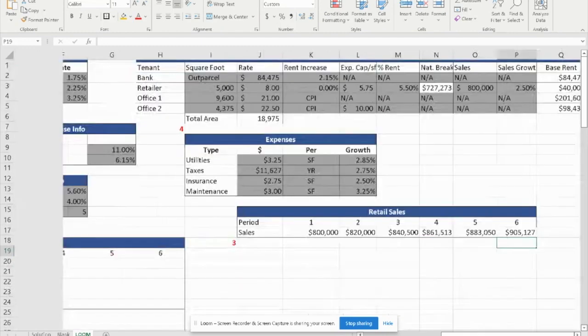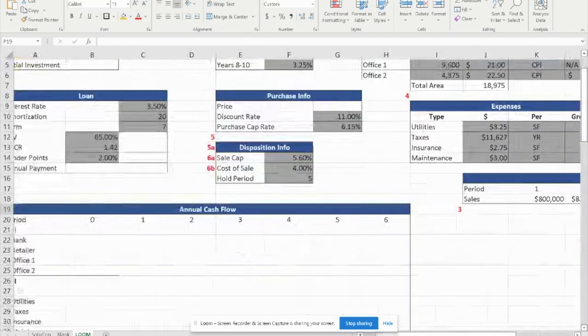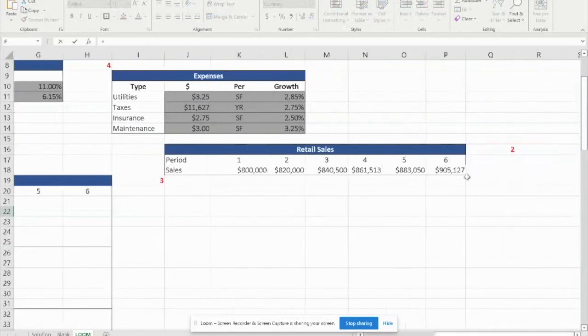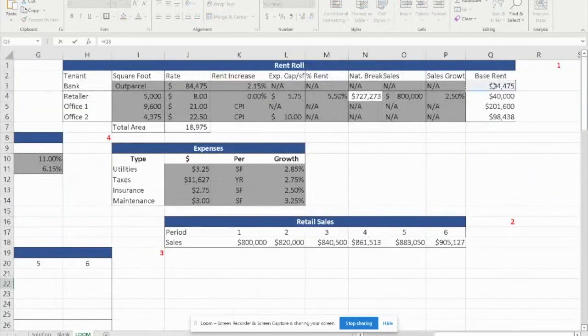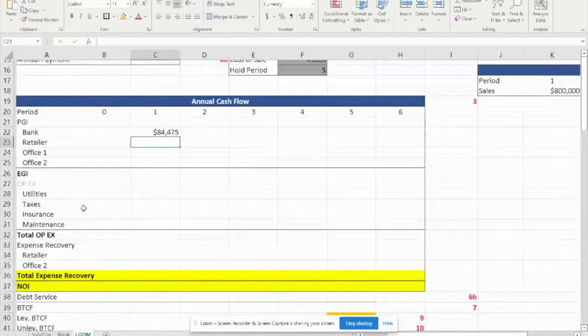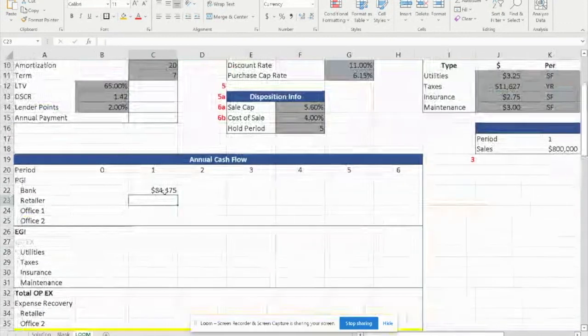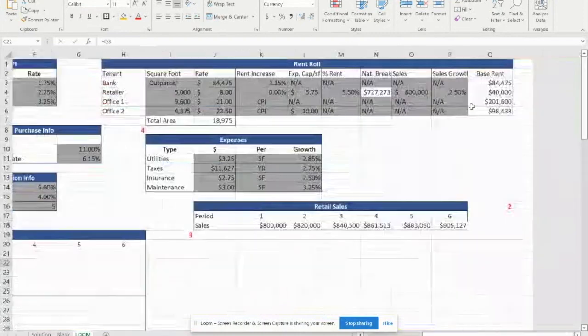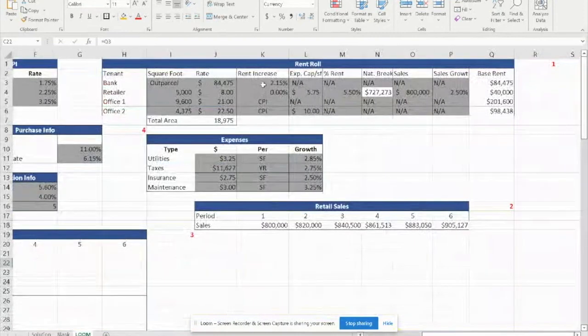Step number 3, we're going to go ahead and begin our cash flow table. For the bank, for year 1, we found out that the base rent is 84,000, so you can simply move the 84,000 down to year 1. But we were also told that the bank's rent is increasing at 2.15% annually.